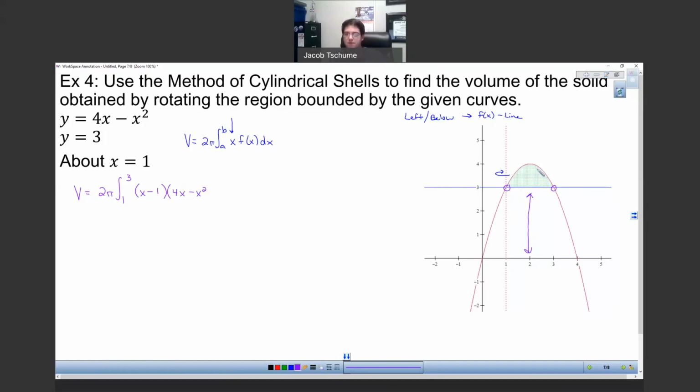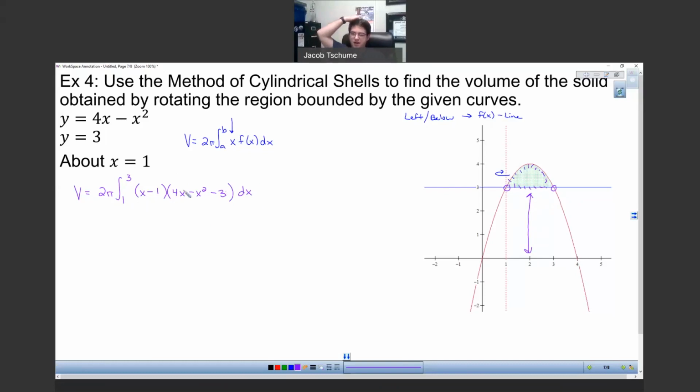So your top function would be the 4x minus x squared, and then you have to subtract the inner function, which is y equals 3. So this is the outer function. This would be the inner function. And remember, you're not squaring anything because the part of shells, the x minus 1 in the front, that's taking care of the extra dimension that you need.